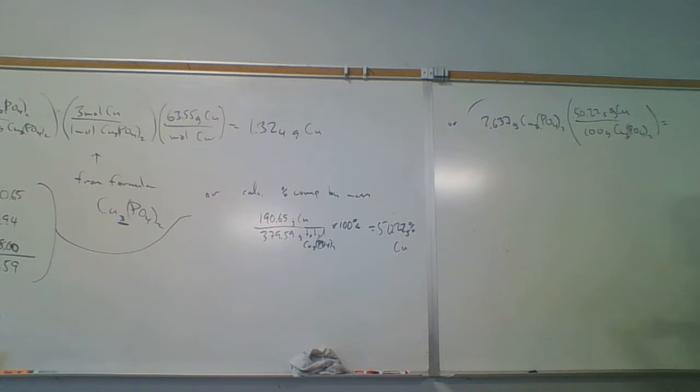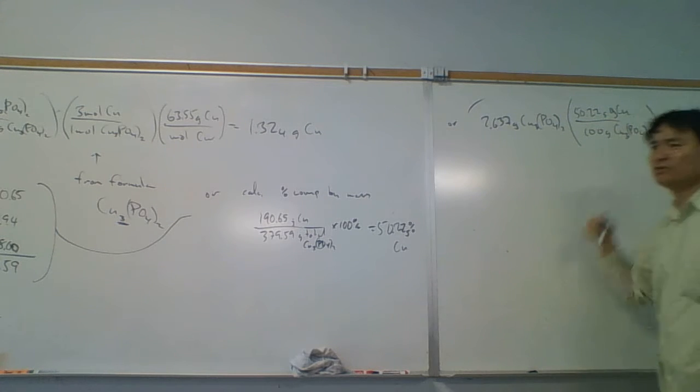So what does that give us? 2.637 times 50.225 divided by 100. I've got to redo it. 1.324 grams. Actually, I'm allowed 4 sig figs. 1.3244 grams of copper. That's the alternate way of doing it.